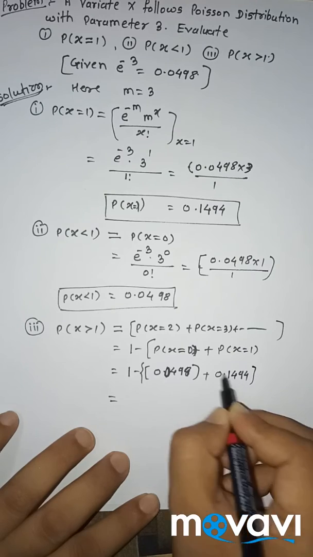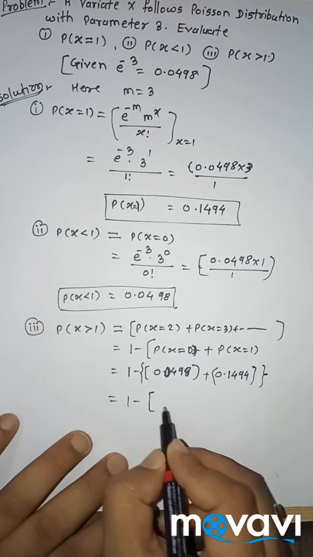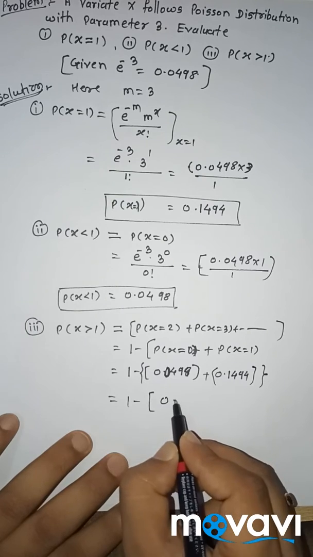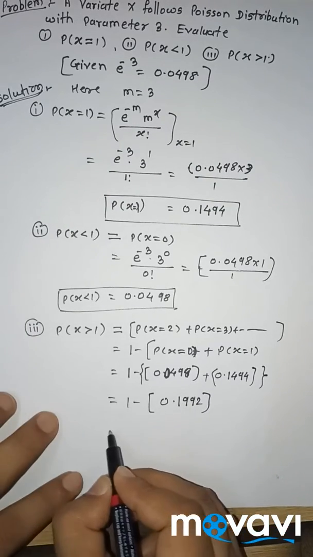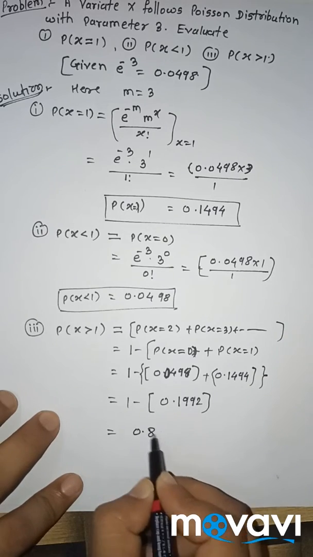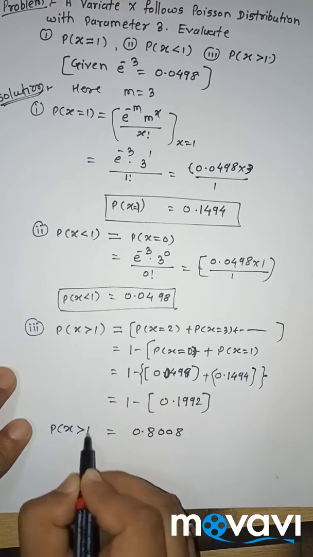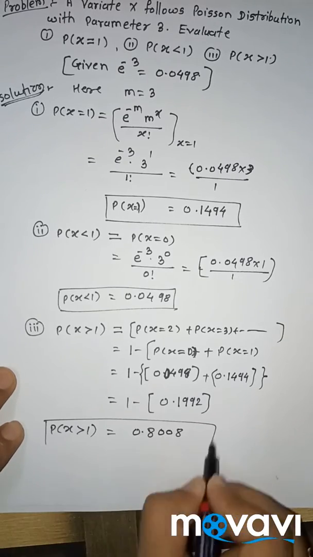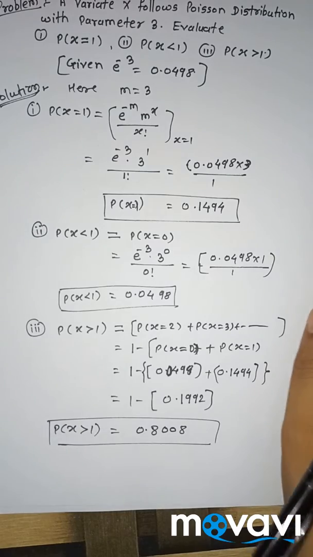If we add these two quantities, we get 0.1992 and final answer is 0.8008. Therefore probability of x greater than 1 is 0.8008. Then we take next example.